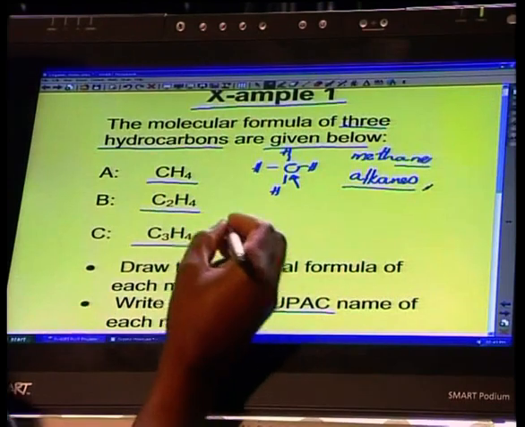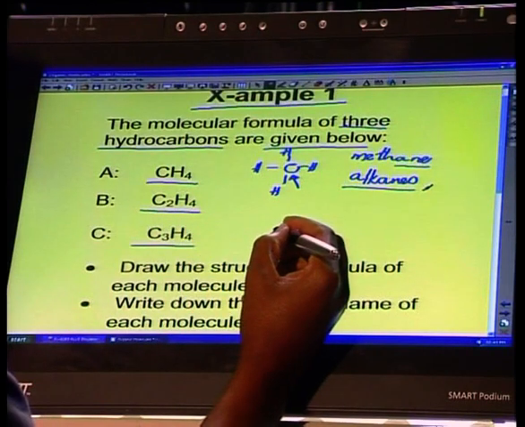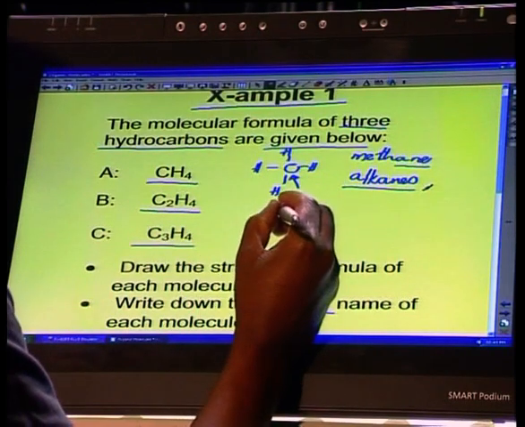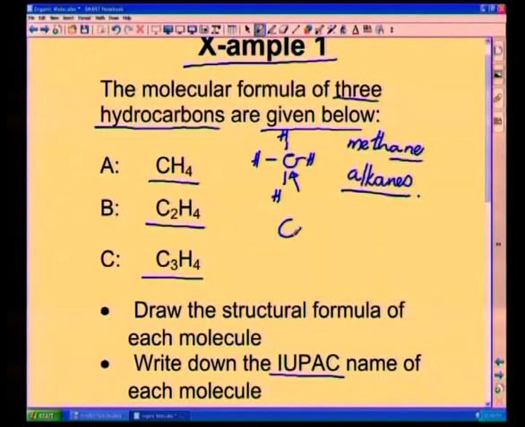Now, let's look at the next one. It says C2H4. So if I have C, let me just do this. Before I show the bonds between the C's, I'm guided by CH4. So I might have 2 H's there, and let me just distribute them equally, so I have another 2 there to make it 4.